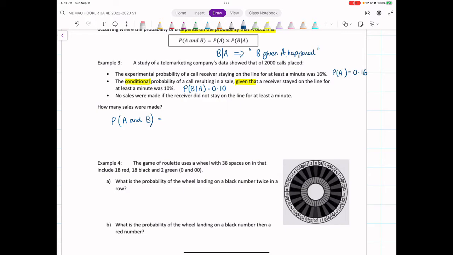The probability that they stayed on the line for at least a minute was 0.16. And, which is multiply, the probability that a sale was made, given that they stayed on the line, was 0.10. And that's it, 0.016, or approximately 2%.